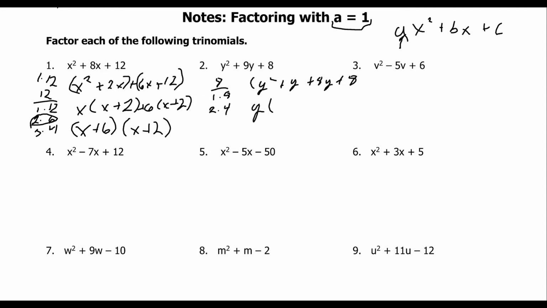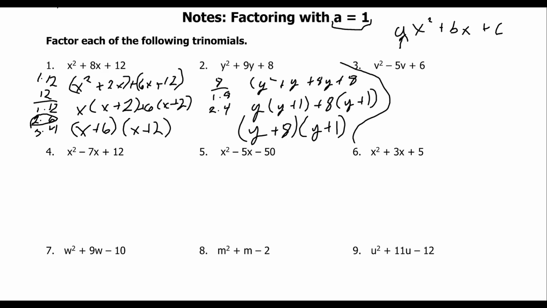So we got y on the outside of y plus 1 plus 8 times y plus 1. They got y plus 8 and then y plus 1. Alright. We can do something very similar for number 3 as well.